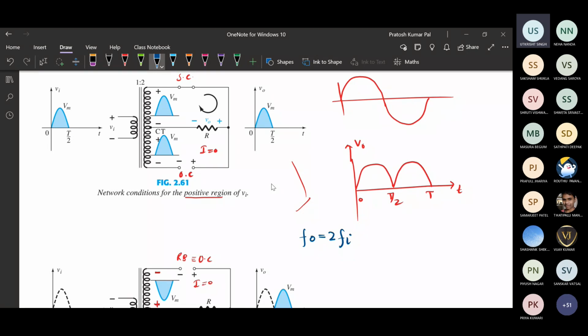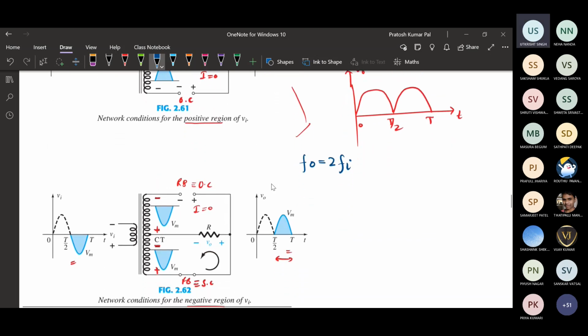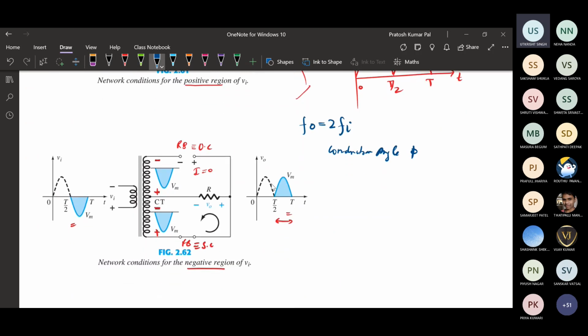Also, we can see what the conduction angle, phi, is. For the complete circuit, it is conducting for 2 pi time period. That means for the complete 360 degrees, it is going to conduct.